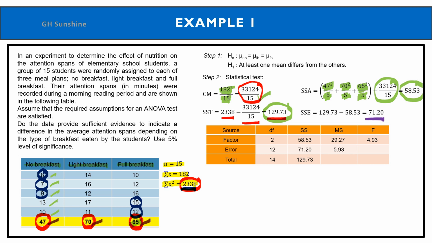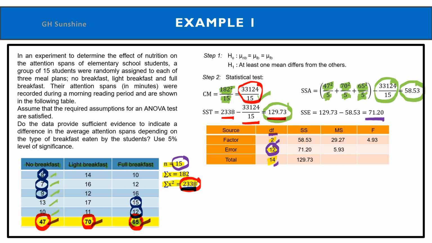Next step, construct the ANOVA table. Degrees of freedom 2, which means 3 levels, 3 minus 1 equals 2. Total, how many sample size? 15, so 15 minus 1 equals 14. So the degrees of freedom for error is 14 minus 2 equals 12. When you check, 2 plus 12 equals 14.